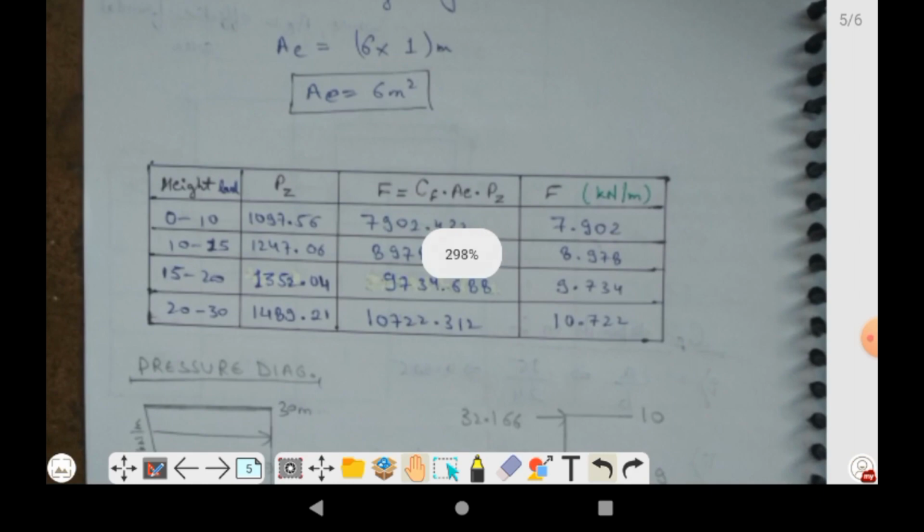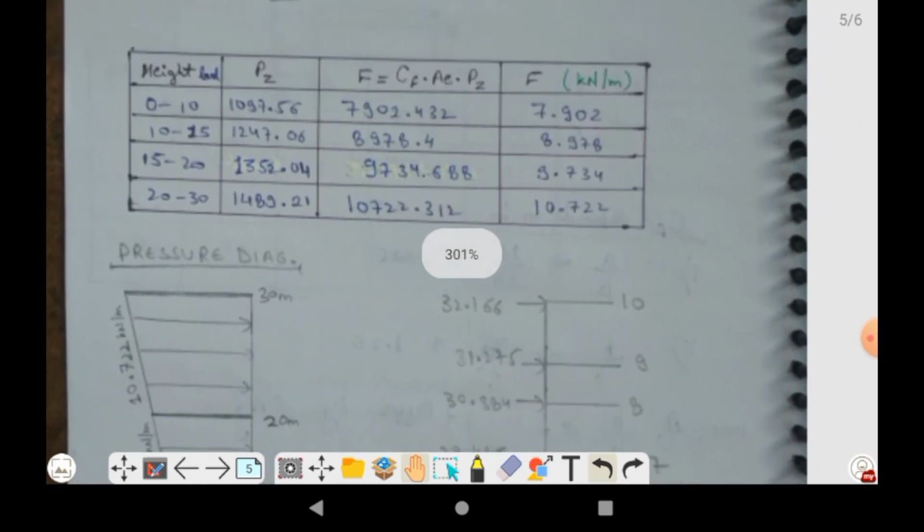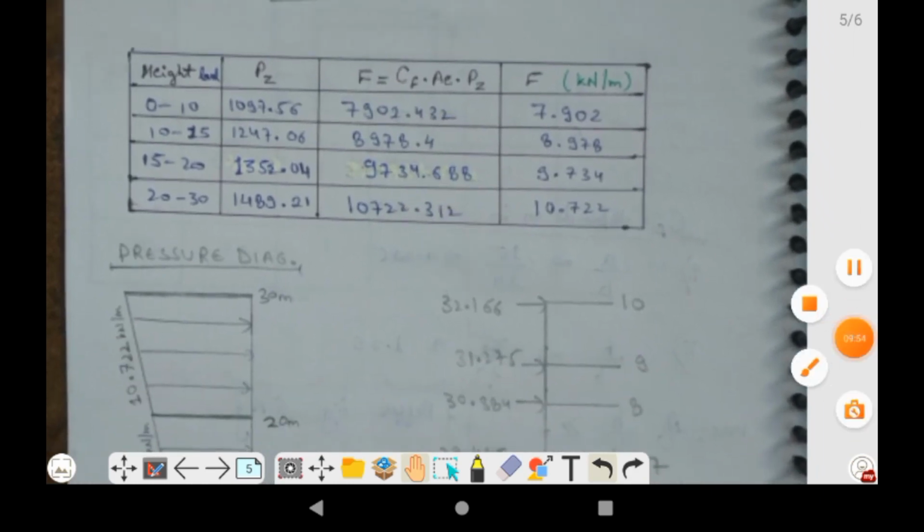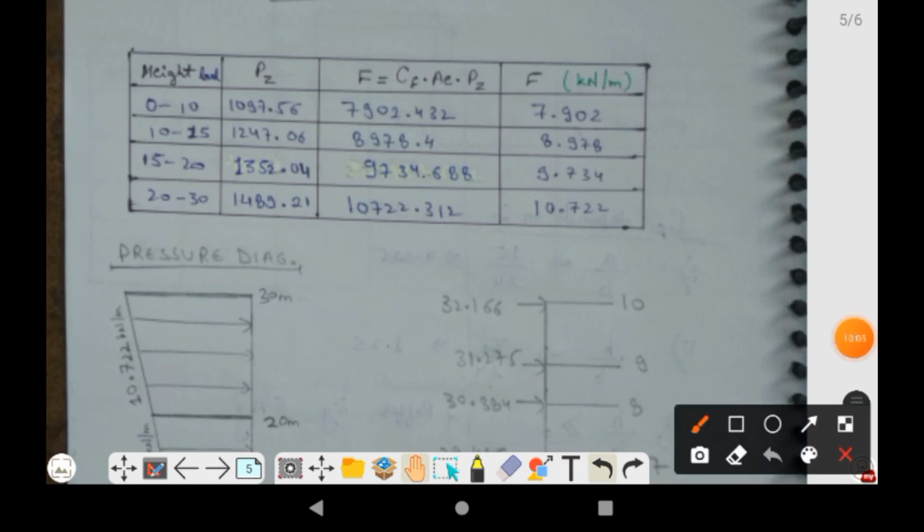Now once after finding the value of AE, we have each and every value that we would be requiring to put in the formula. CF we have calculated, that is 1.2, from the previous steps.